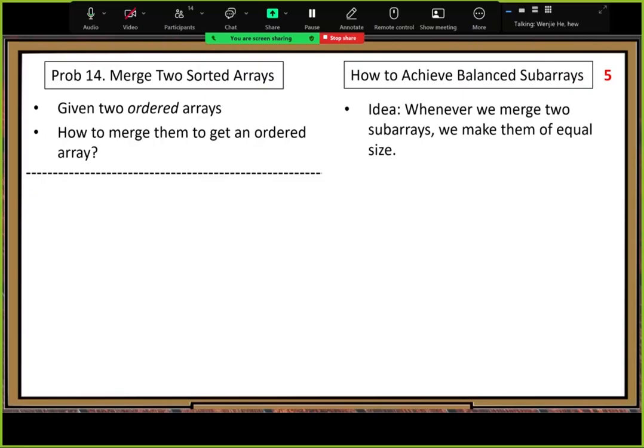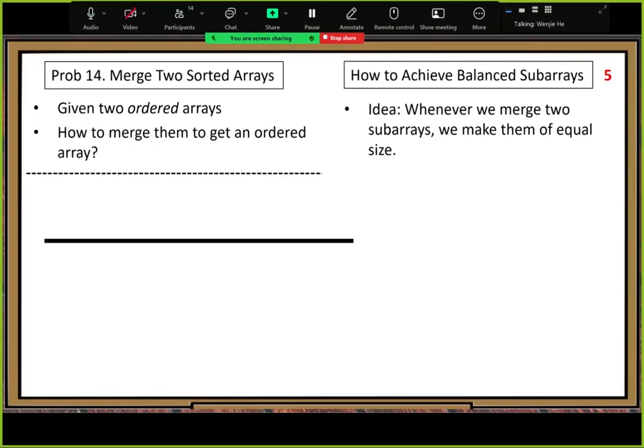Remember, we need to apply the divide and conquer approach. So we have a divide step. At the divide step, we split our data evenly. Then we get a balanced data distribution.